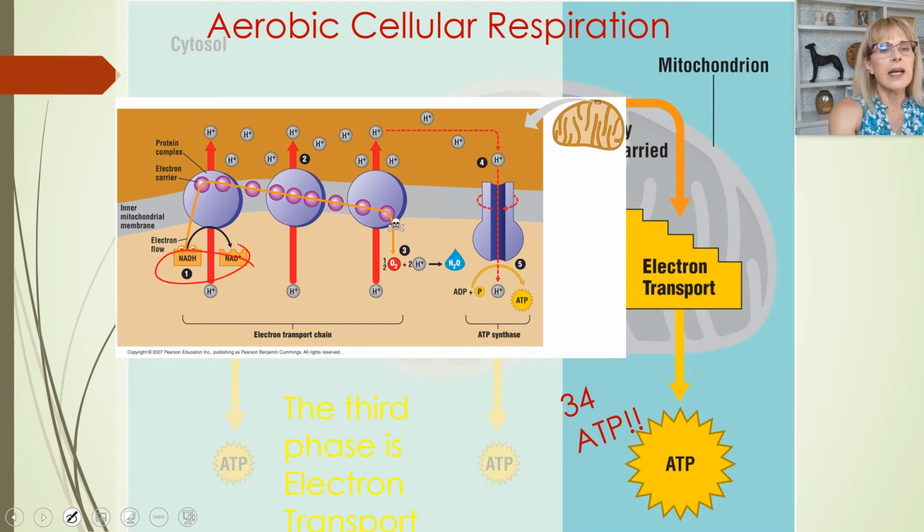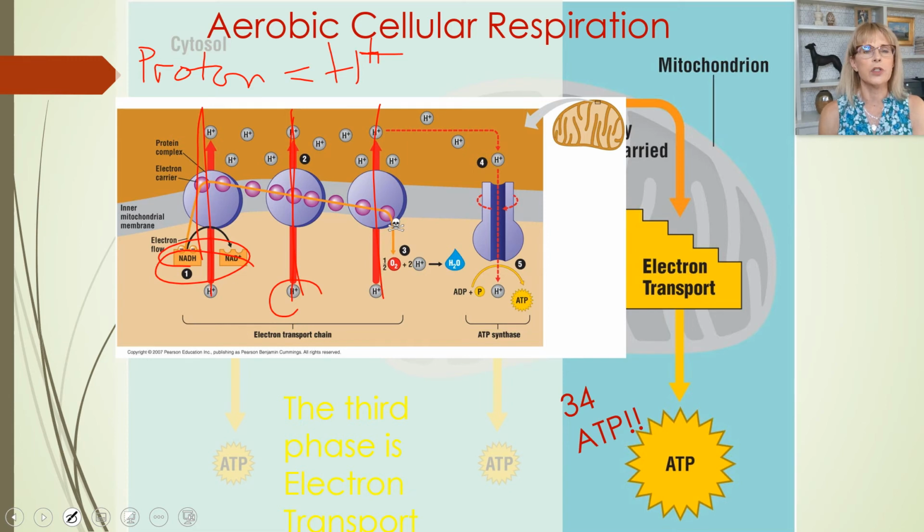The NADH and the FAD is going to power proton pumps. Proton pumps are going to pump protons. Remember, a proton in this context is the same thing as a hydrogen ion.